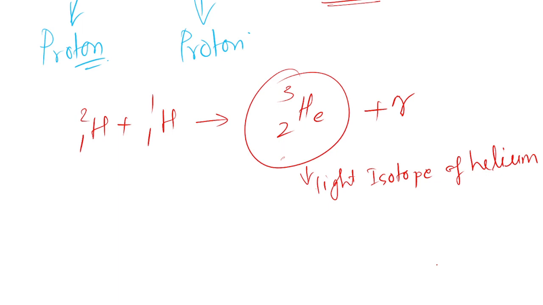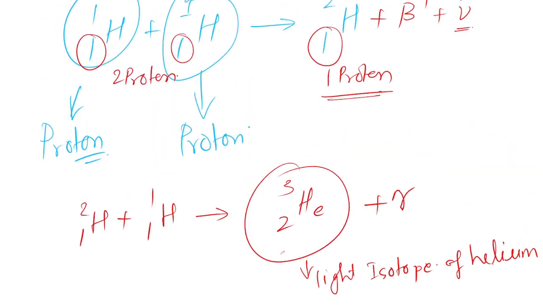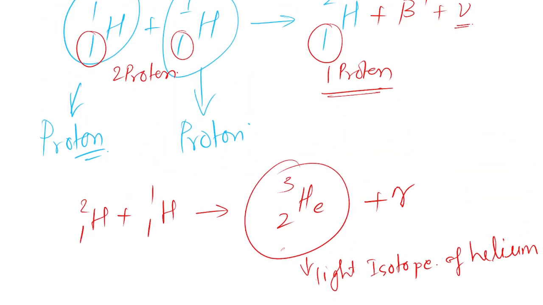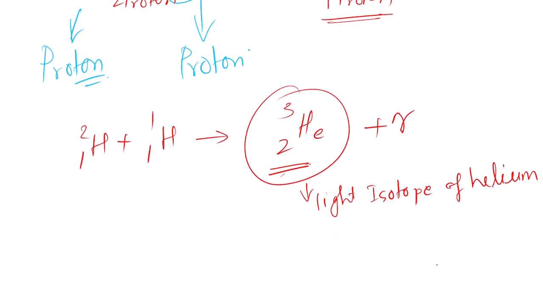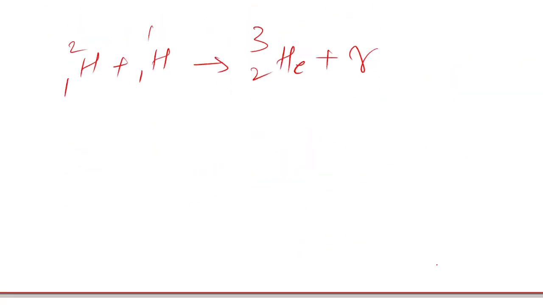We can stop this nuclear fusion reaction here, but let me explain how helium is formed within the core of the star. So now we have come to this process from 1H1 to 2He3. The same reaction goes on with another hydrogen group, and we come to the same reaction, which is 1H2 plus 1H1 gives you 2He3 plus a burst of gamma rays.